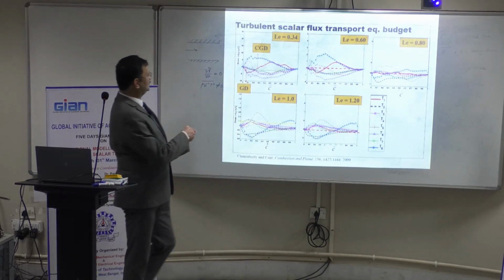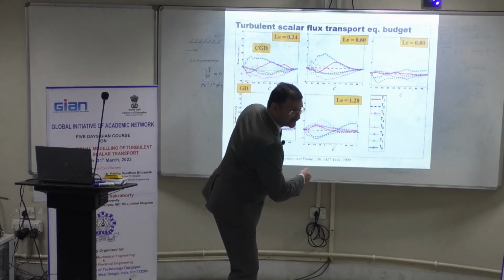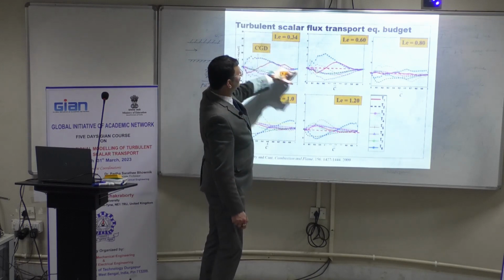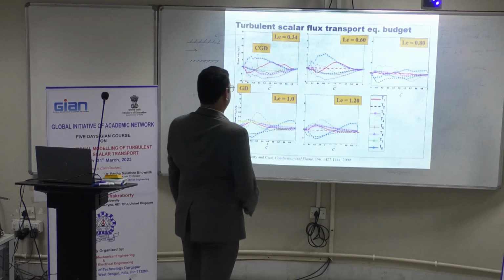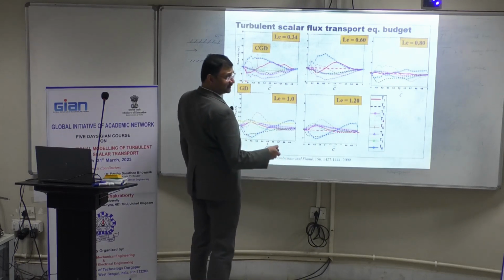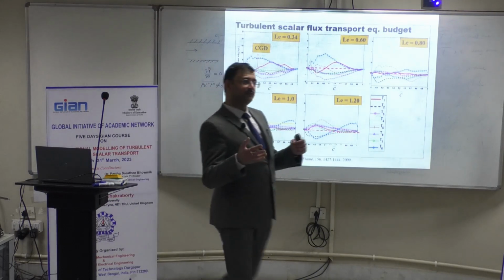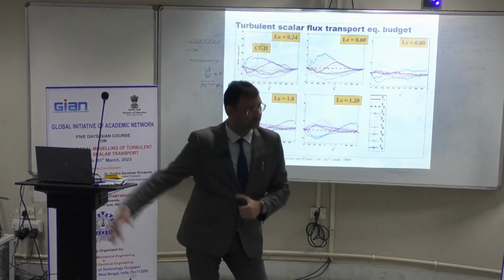These are the behaviors. You probably cannot see this one. This is the mean pressure gradient term. In cyan color, it goes like this, but it will be there in your notes. You will find that this mean pressure gradient term, where we saw a high extent of counter gradient transport, the pressure gradient magnitude was large.